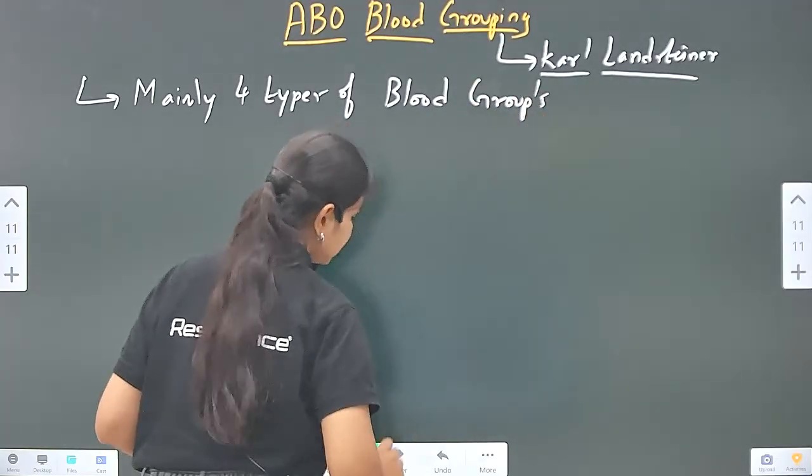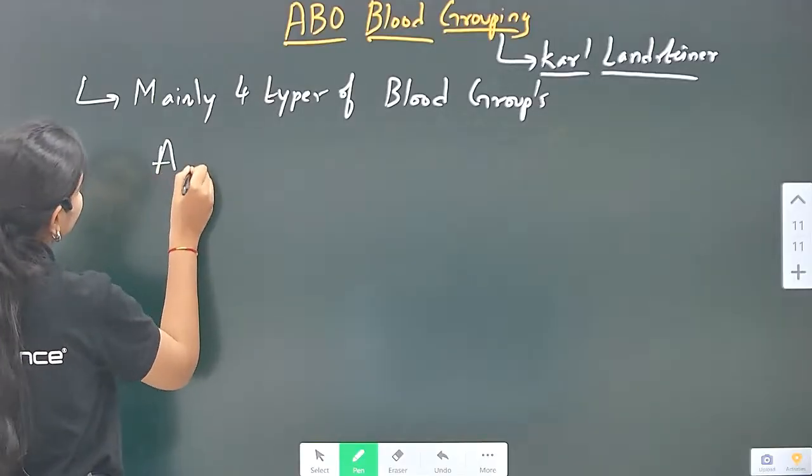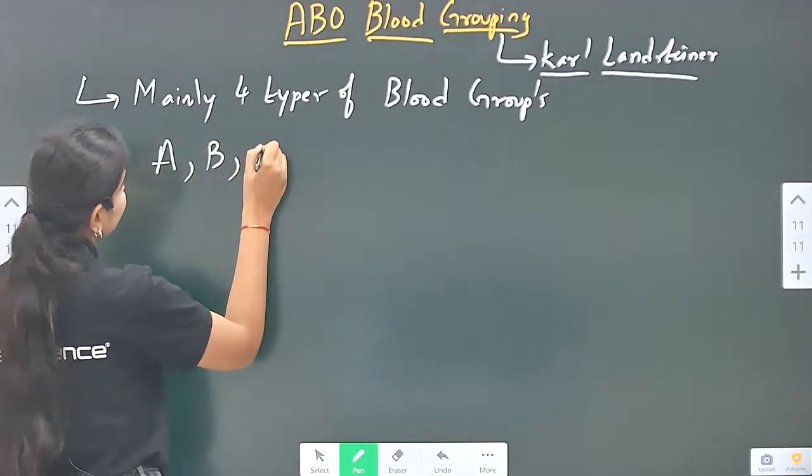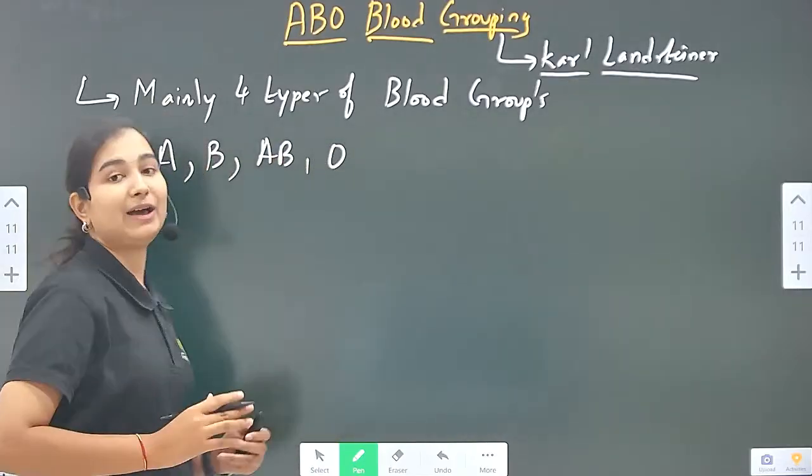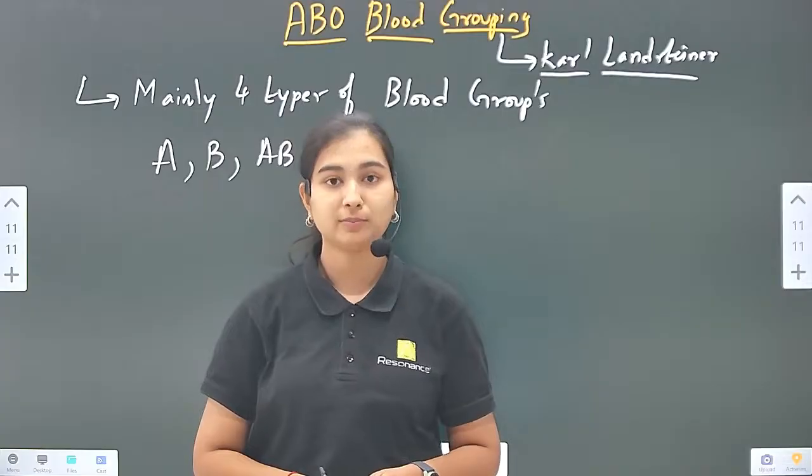What are they, students? We have the blood group A, the blood group B, the blood group AB, the blood group O. Okay, so we have mainly 4 different types of blood group, right?